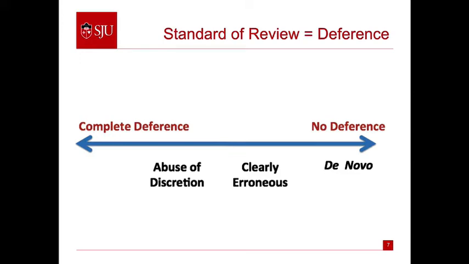On the other hand, there are legal questions that the trial judge might decide, and the appellant might argue that they were decided improperly. So whether summary judgment should be granted, or whether a particular statute is unconstitutional, or an interpretation of a particular judicial precedent.